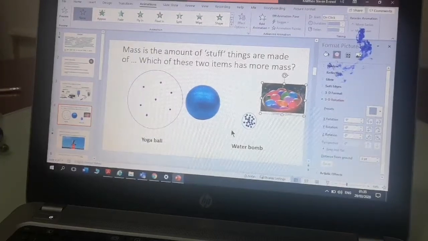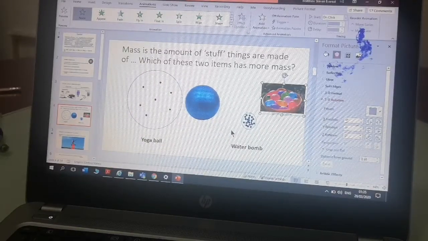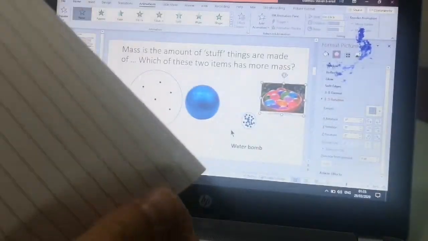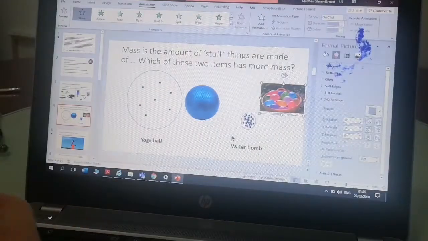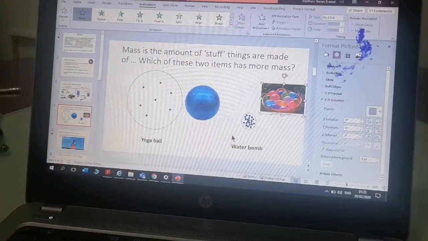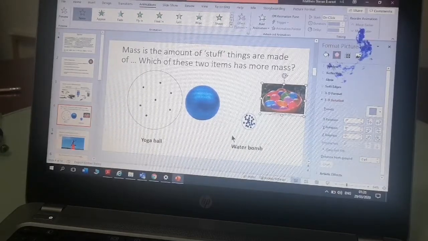Now, I'll give you an example of what I mean. Here's quite a big piece of paper, right? It's taking up a lot of space. Make it 3D. It's quite big, but it doesn't have much mass. It's very light, right? Now I can think of something which is very heavy, but it's actually quite small. Let's look at this speaker.